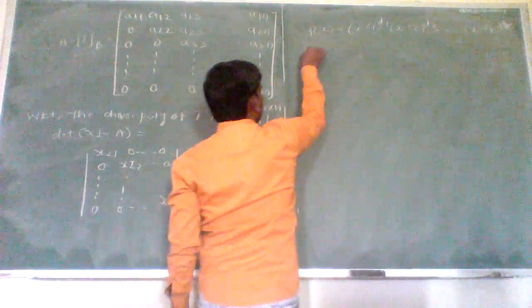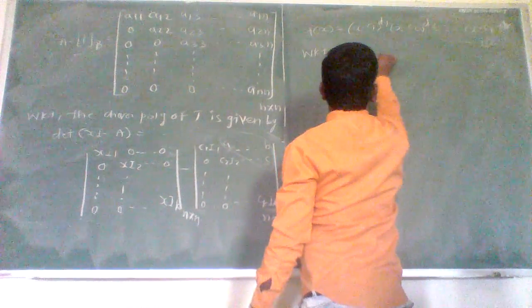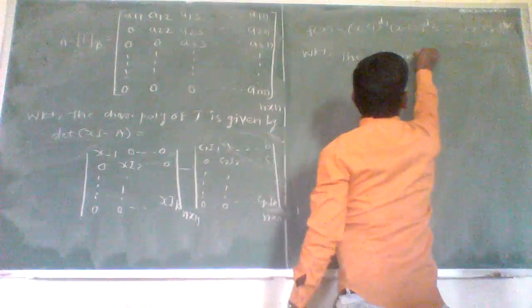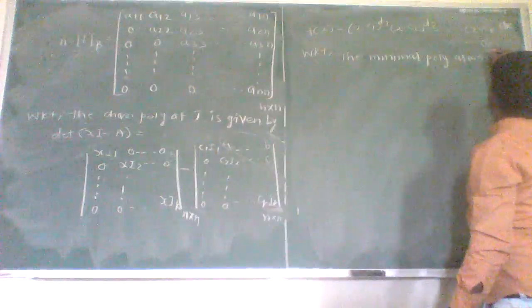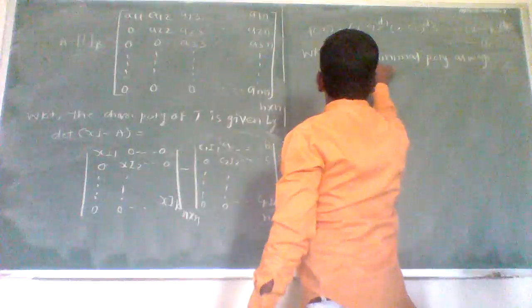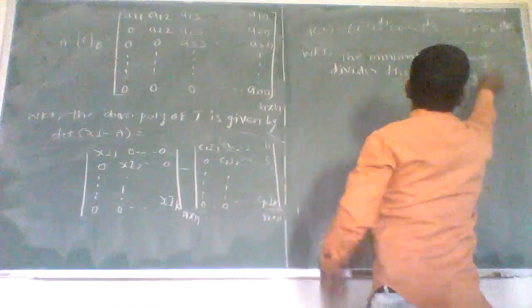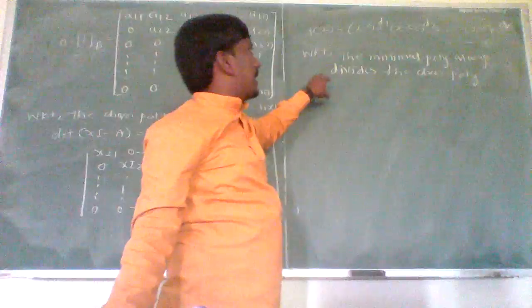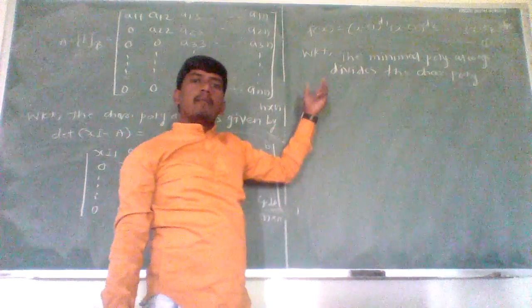Let us take this one as equation 1. We know that the minimal polynomial always divides the characteristic polynomial. Then the minimal polynomial has also the same form. And actually there is another theorem: the minimal polynomial and characteristic polynomial of the linear operator T have the same roots except for multiplicity.